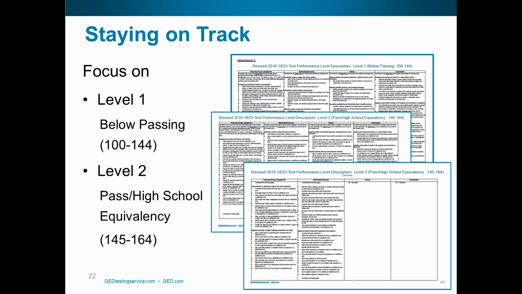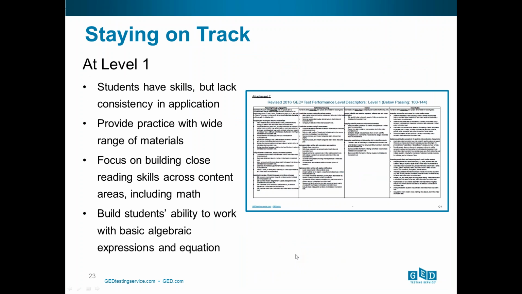So, Bonnie, let's talk a little bit as we look at level 1 here and move on to that next slide. The thing that we've realized, and this comes from a lot of research that the GED Testing Service has done over the past 18 months, especially as they were looking at those high impact indicators, is that when it comes to level 1, those students who are just missing the cutoff or are a little bit lower, they have some skills.